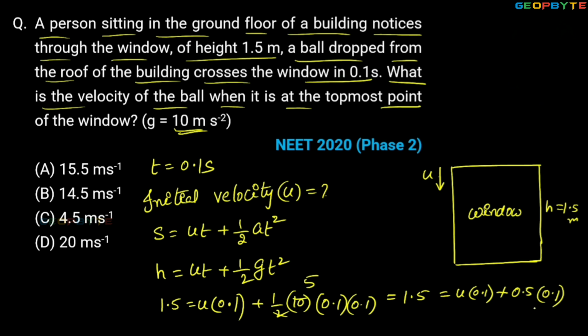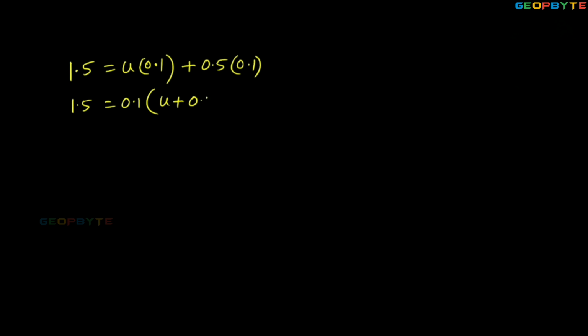So 1.5 equals u into 0.1 plus 0.5 into 0.1. Take the 0.1 outside: 1.5 equals 0.1 into (u plus 0.5). So 1.5 by 0.1 equals u plus 0.5.